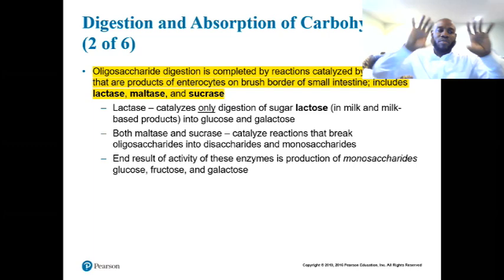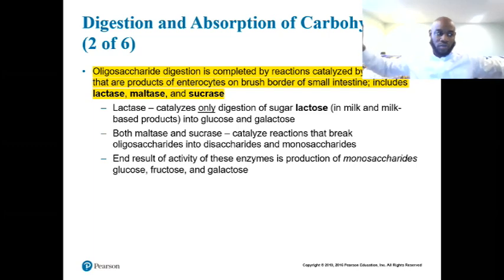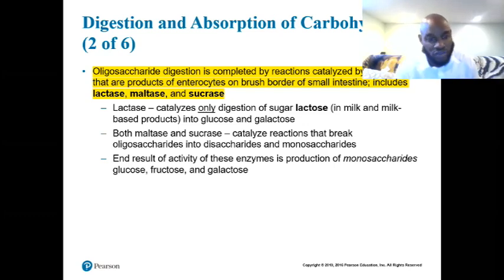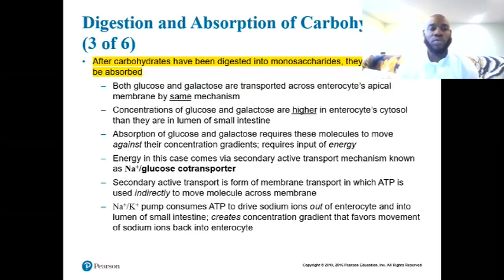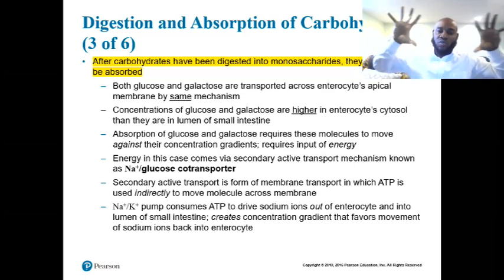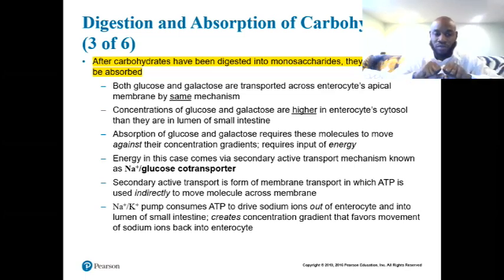So we've taken chains of carbohydrates, polysaccharides, and broken them down into smaller pieces, until eventually we get to glucose, fructose, and galactose, which your body can then absorb. After carbohydrates have been digested, we've broken them down into glucose.